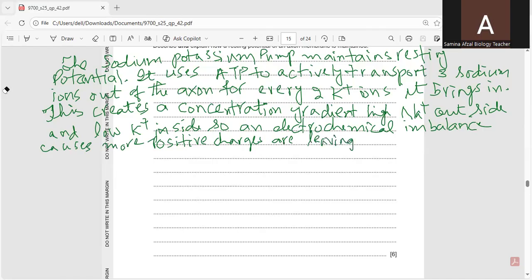That is, three sodium ions are moving out and two potassium ions are entering. So more positive charges are leaving than entering.